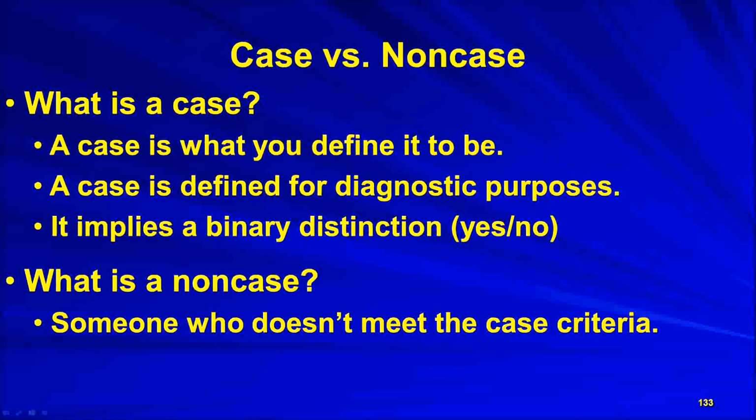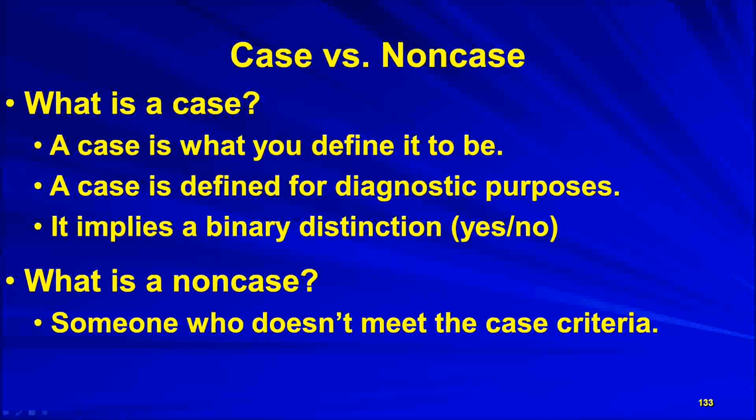Now, in order to have a case, you have to have a diagnosis, otherwise you have a very heterogeneous group of people that are sick. So it implies a dichotomous or a binary distinction: either yes, you are diseased, or no, you are not.